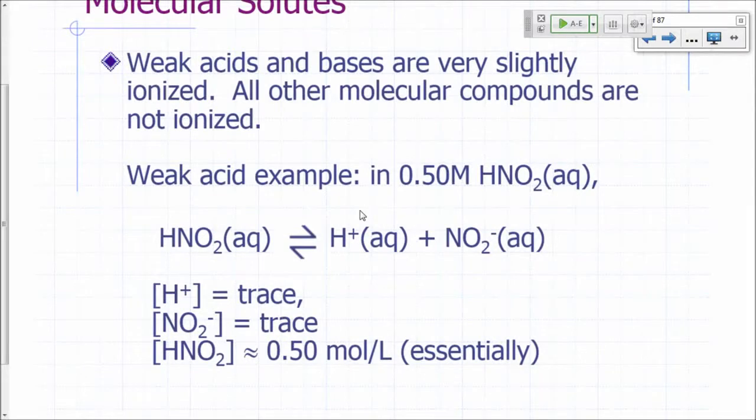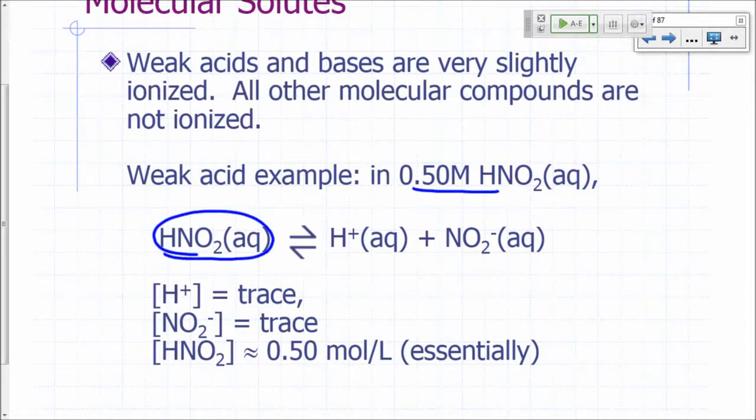Weak acids and bases are molecular solids that are slightly ionized. That means at any given instant, only a very small fraction of these molecules are dissociated, are broken up in water. So for example, HNO2 is an example of a weak acid.